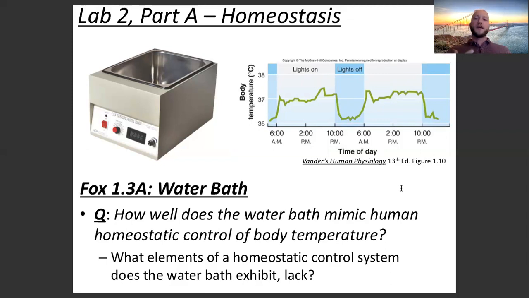So our bodies have an ideal temperature. Homeostatic controls help us maintain that temperature. So how well does this water bath mimic human homeostatic control? What elements of a homeostatic control system does this water bath exhibit or lack? That's where we're going to be going in the discussion part.